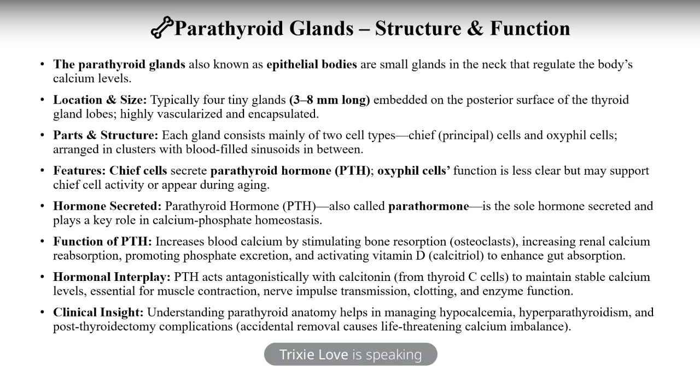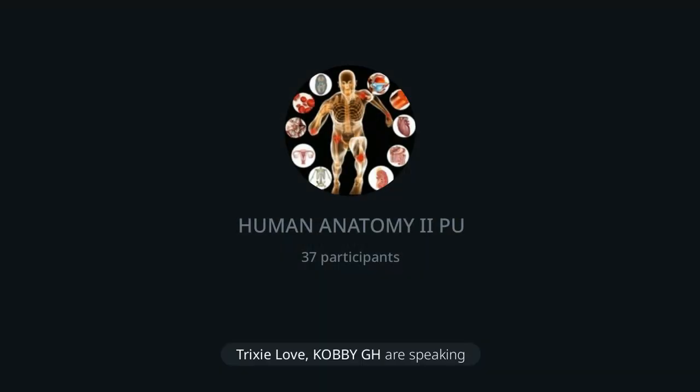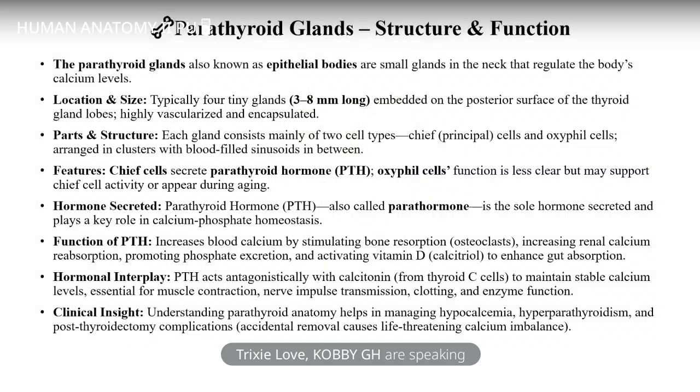Alzheimer's disease. Are you sure about that? Are you talking about Alzheimer's disease? Yes. Okay, that is fine. So go ahead.